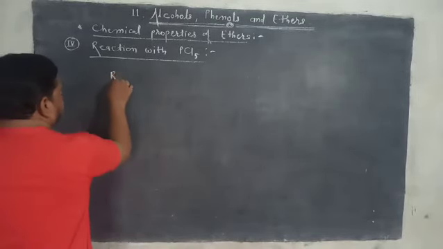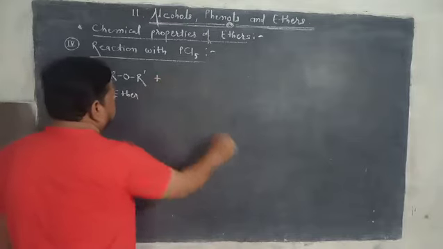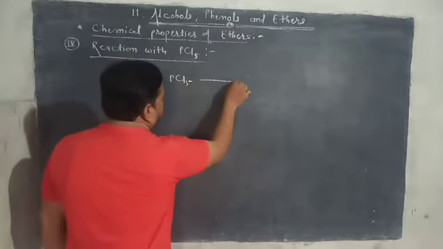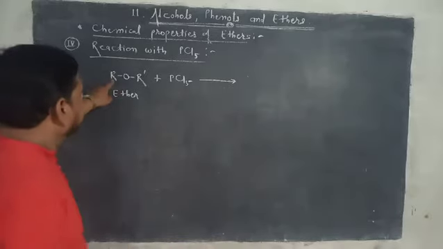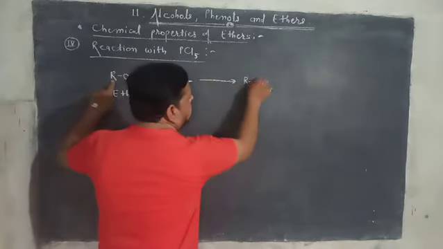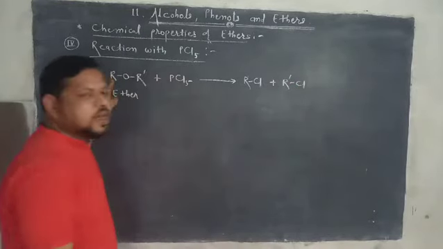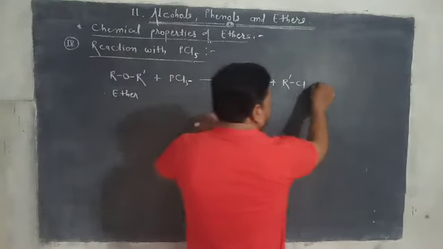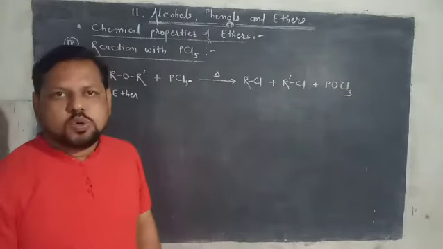When ether is treated with PCl5, then it gives R-Cl, that is the alkyl chlorides, and the remaining portion is POCl3, phosphoryl chloride.